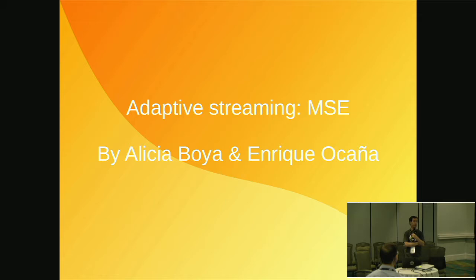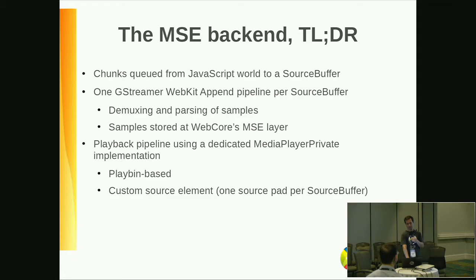So I'll just give a brief overview of what my colleagues Alicia and Enrique did there. In MSE, the web application will provide chunks of video to the browser, and those are called source buffers, and they give really fine-grained control of the data flow to the application, so that you can, for instance, insert ads in the middle of your video quite easily. Video resolution changes are handled better and more naturally.